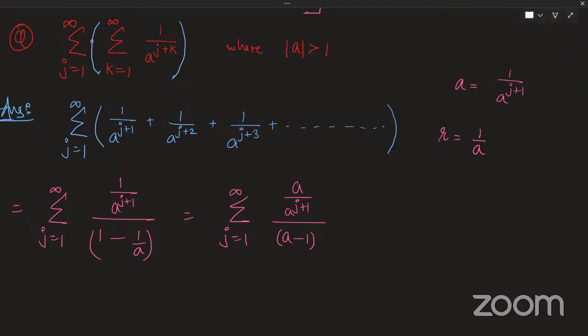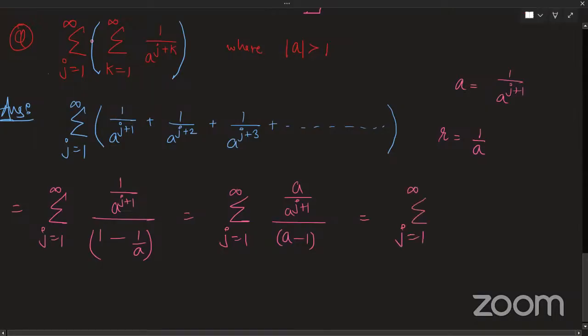Yes, sir. So now this a and a can get cancelled. It will be sigma j going from 1 till infinity, 1 by a minus 1 into 1 by a raised to j, right?